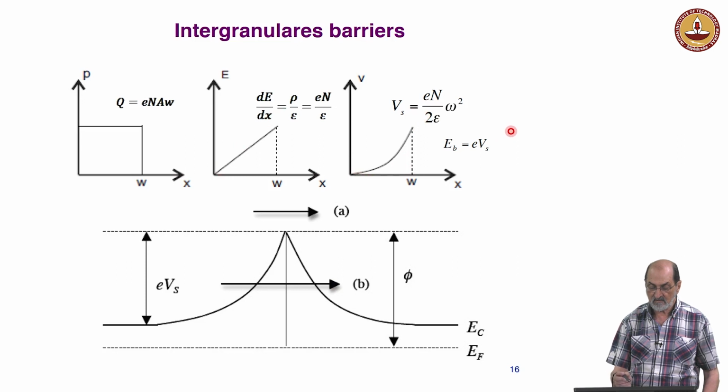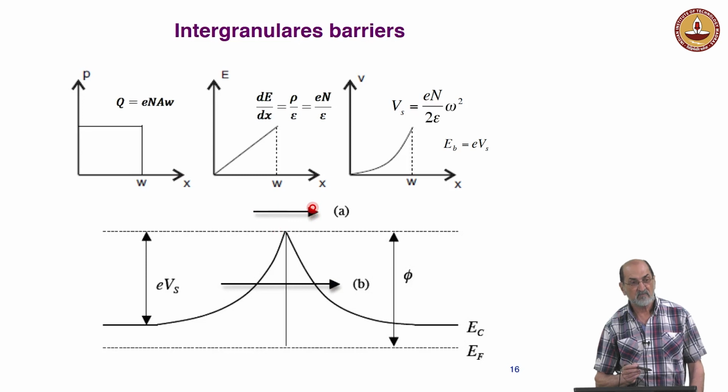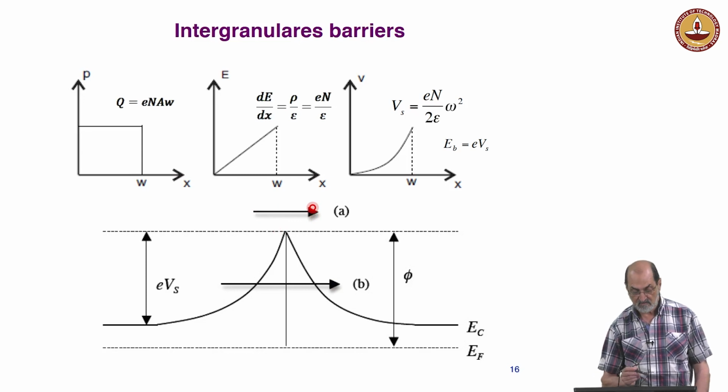So we see here the exact relations of the band bending, which is Vs, with the width of the depletion region and the dopant concentration. And if we have a double Schottky barrier, back-to-back Schottky barrier, we are going to have this barrier. Most people in the field consider that this is the main current, which is called the thermionic current, that is electrons jumping over the barrier.